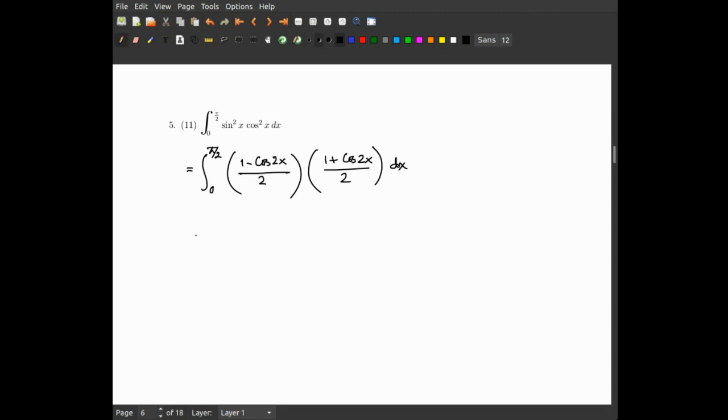All right, so now the time is to simplify. So this would be 1 over 4 outside, from 0 to pi over 2, and if I multiply that out, then we can see this is 1 minus cos square 2x dx.